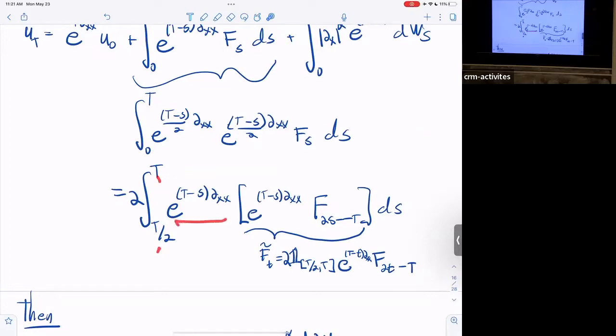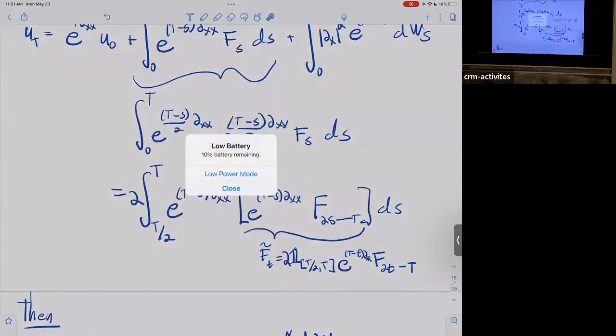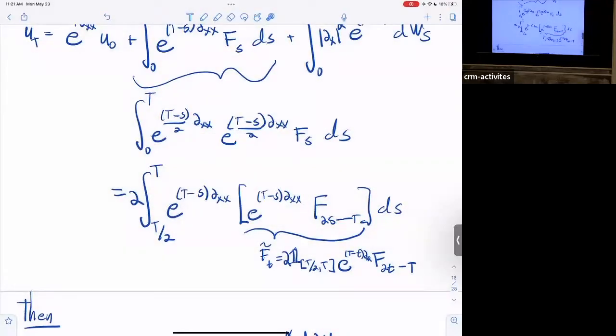I get the semigroup again, and I get some new function here with this semigroup and a time-shifted thing. Now, the nice thing about this is that 2s minus t is less than or equal to s for s in the interval 0 to t.